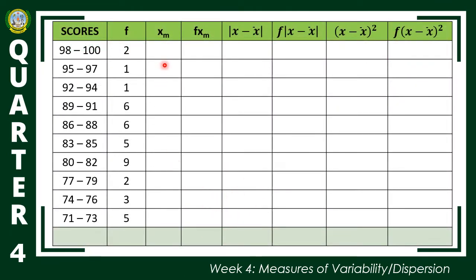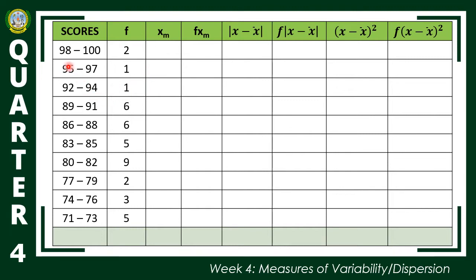Kung mapapansin nyo po, meron po ulit dyan na x sub m at fx sub m. Okay? Dahil, di ba, kailangan po natin muna na i-compute yung mean. Okay? Para makuha natin yung mean deviation, variance, at yung standard deviation. Okay? So, again, when we are computing for the mean of a group data, we have to find first the class mark. Okay?